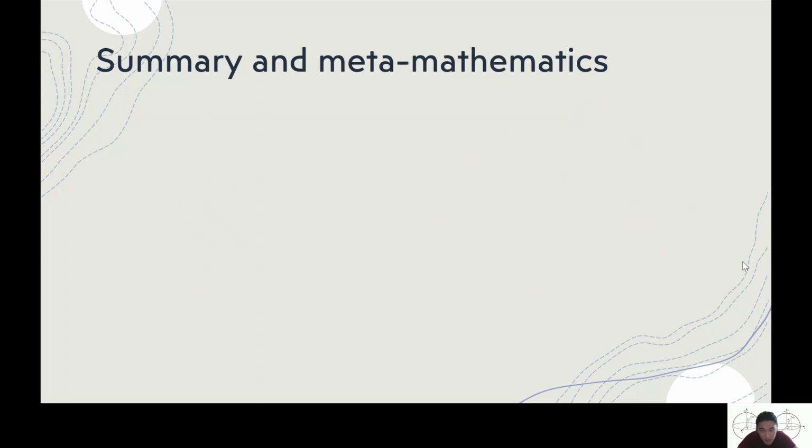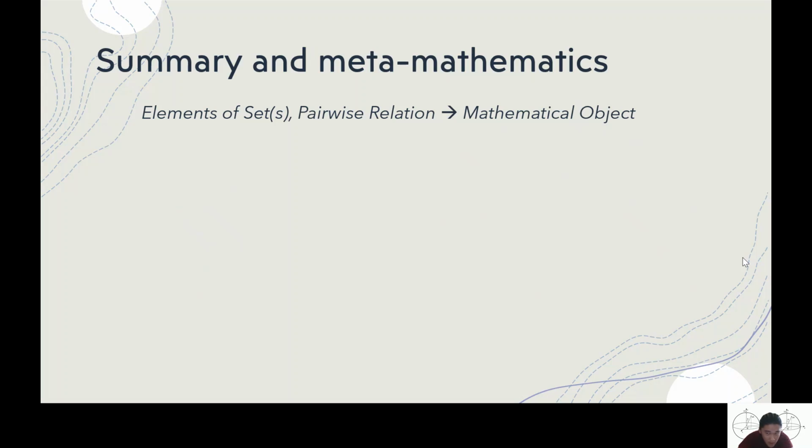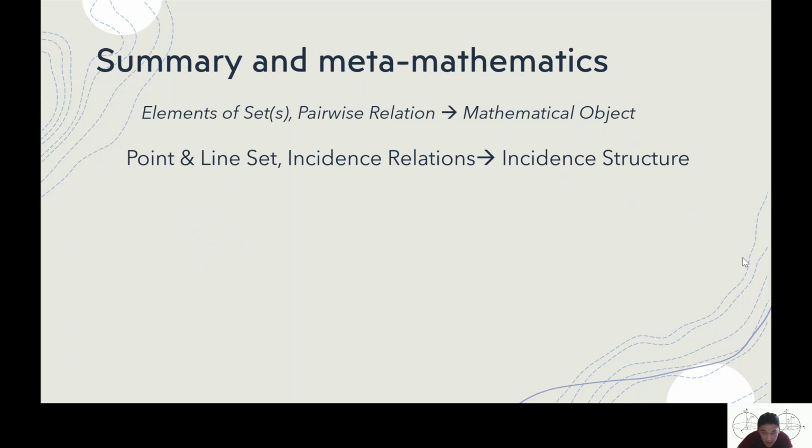So here's a summary, touching upon some meta mathematics. Throughout this section, we started out by identifying some elements of sets and talked about a pairwise relation which gave us a mathematical object, right? We looked at a point set and line set and the incidence relations, which gave us the incidence structure.